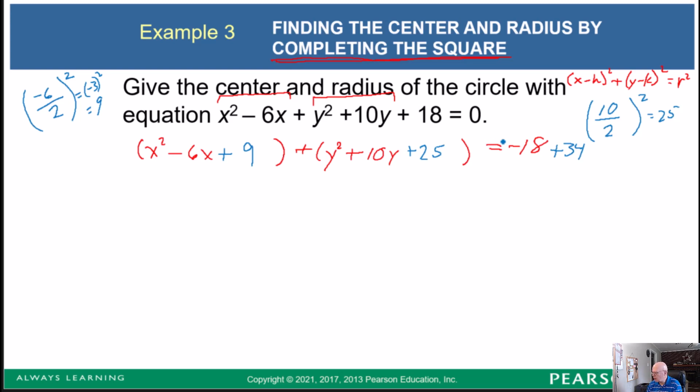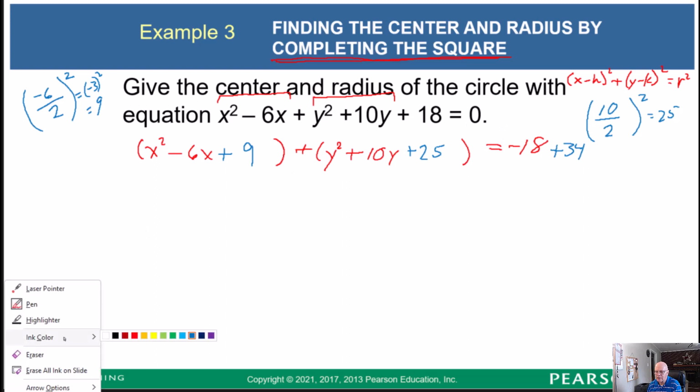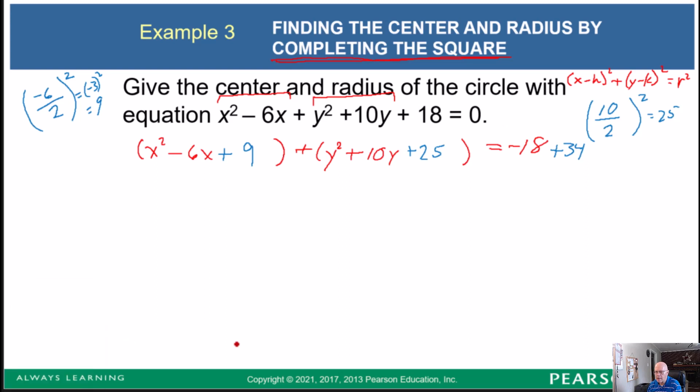I'm going to go back to the red again to be somewhat consistent. Okay, so what we need to do now is we've completed the square. We need to factor it because what we wanted is for it to look like this.